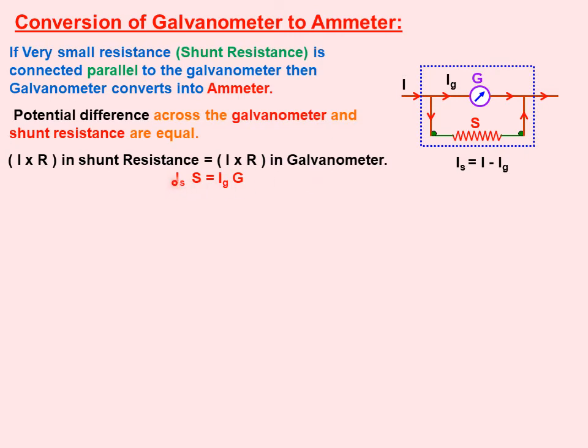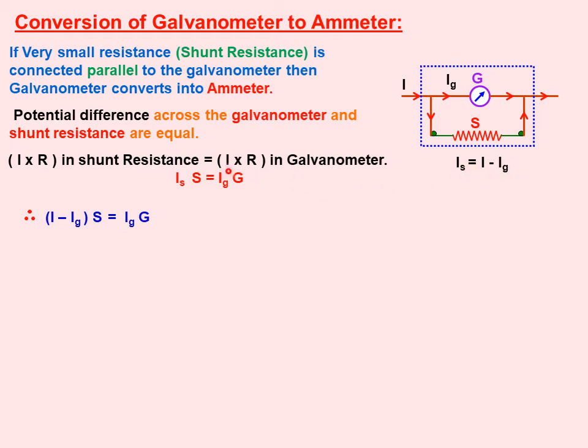So the current in shunt resistance is Is, into resistance S. The current in galvanometer is Ig, into resistance of galvanometer G. So we got the equation Is S is equal to Ig G. This is the potential difference across shunt resistance equal to the potential difference across galvanometer. Again we know that Is is nothing but total current minus the current through the galvanometer coil, means Is is I minus Ig.